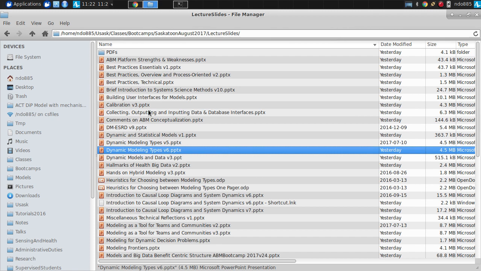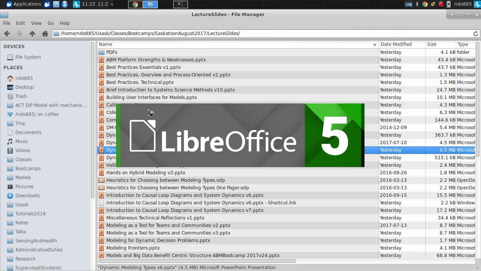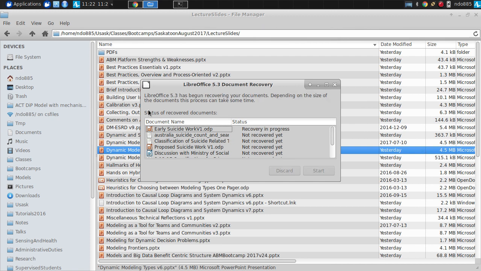Here it is. Dynamic modeling types. Okay, if you don't see it in your folders, I'll put it there over lunch. Okay, so I'm just going to load this up. There's three major types, and I'm just going to give some whirlwind comments on each type and get us out for the eclipse here. Okay.